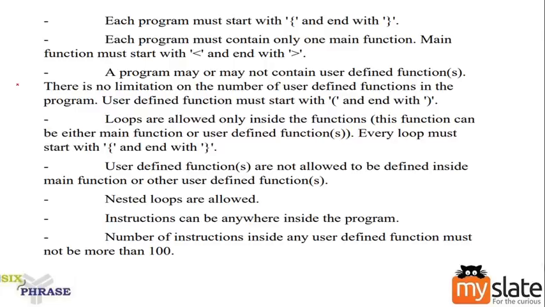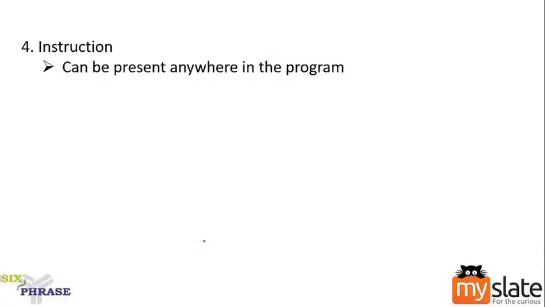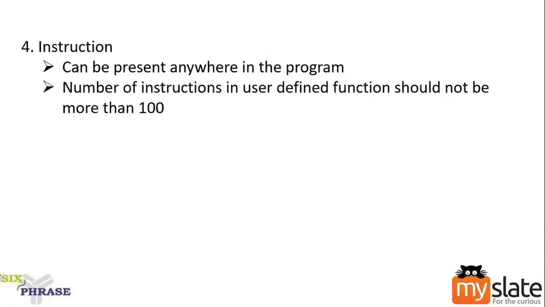Okay. Last rule, the number of instructions inside any user-defined function must not be more than 100. So for a user-defined function, instructions should not be more than 100, which automatically indicates that for a main function you can have any number of instructions, right?